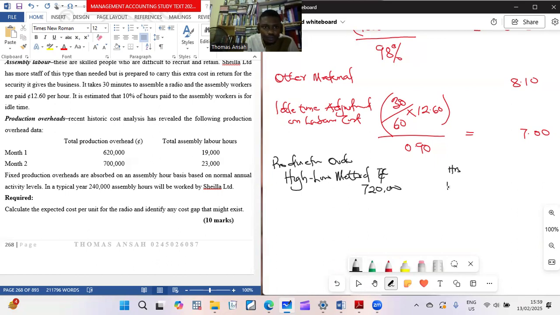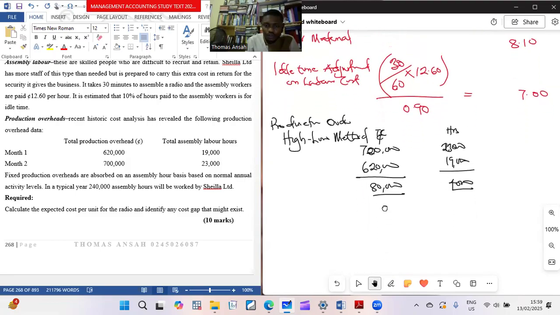All right. With the hours, so this is the total cost in cedis, and this is the hours. We have 23,000 with it. Then we have 700, and we have 620 with 19,000. Let's do the subtraction. This is 80,000, and this is 4,000.